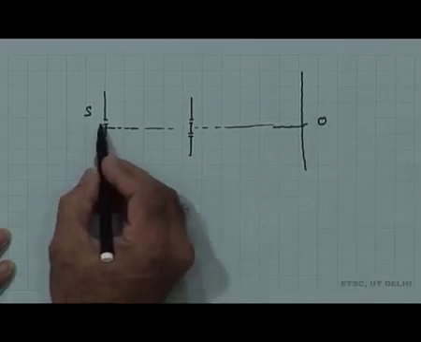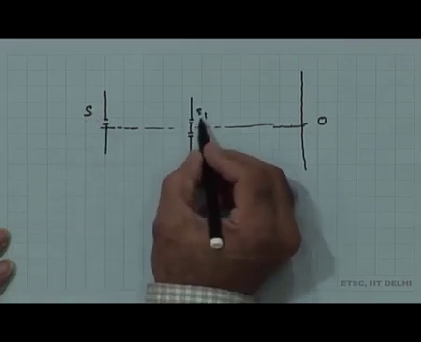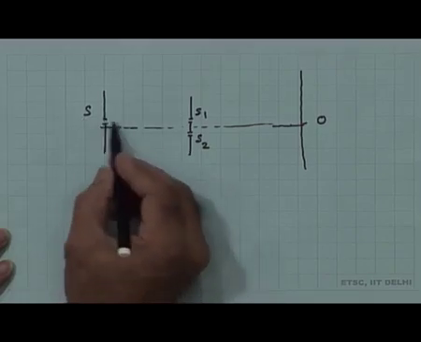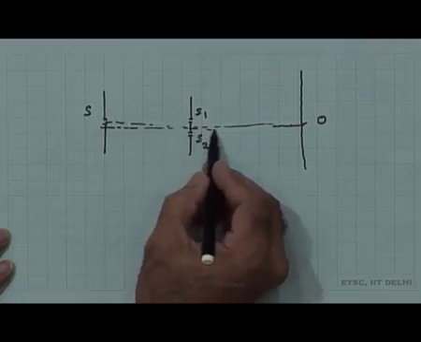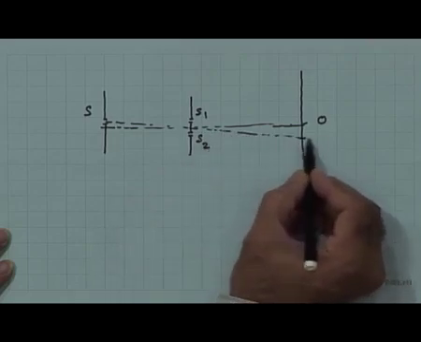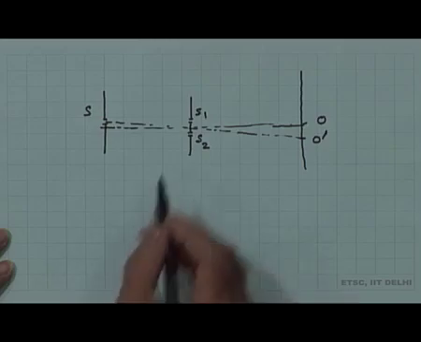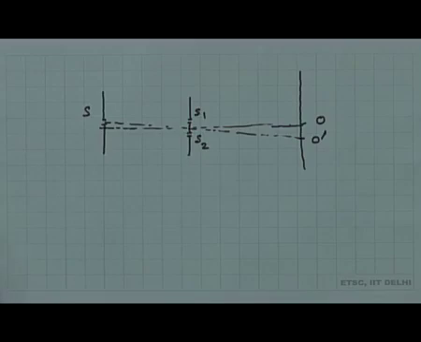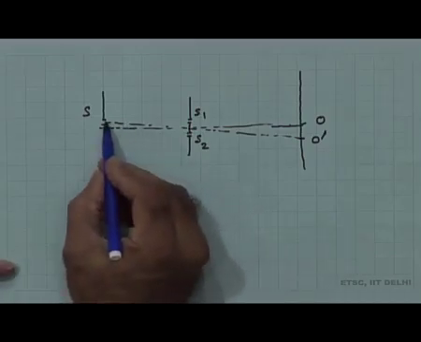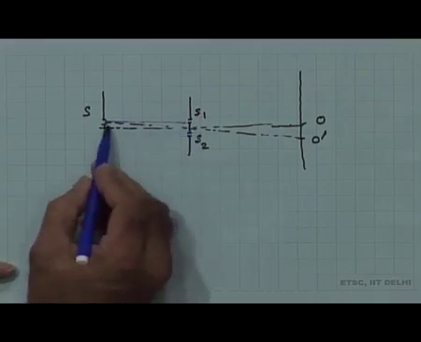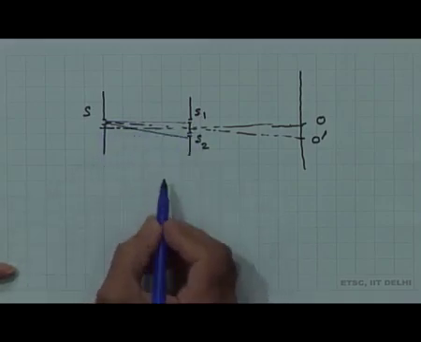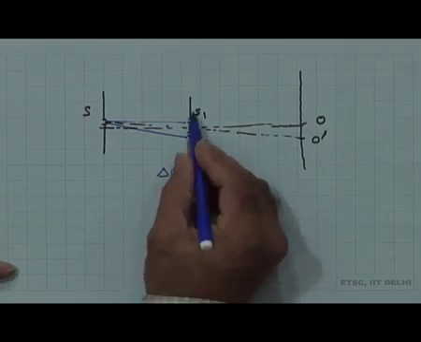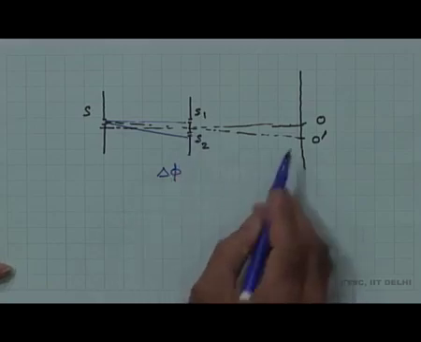The source S was slightly offset, and then the central peak would shift to a point O dash here. Because the distance from S to S1 is different from the distance from S to S2, there was a phase difference delta phi between the two sources, and therefore the fringe would shift.